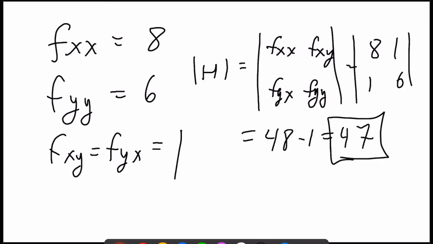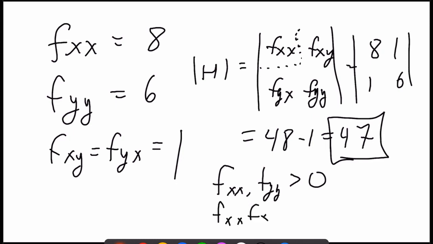And what do I have? Okay? I have the first principal minor here, which is fxx, is a plus, right? fxx and fyy are both greater than 0. And I meet my other part of this condition by saying this is positive, or by saying that the two second derivatives multiplied together are larger than the two cross partials multiplied together.